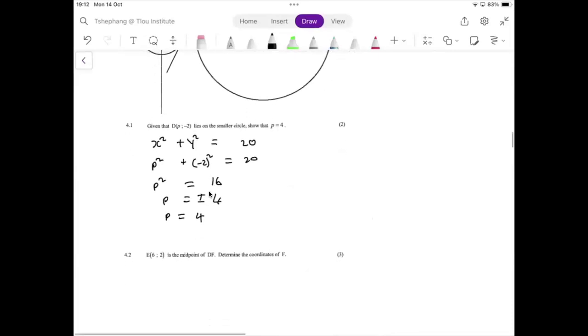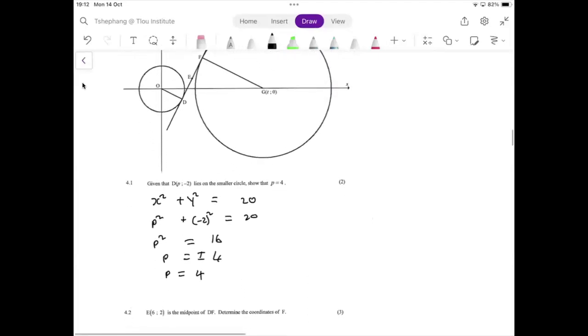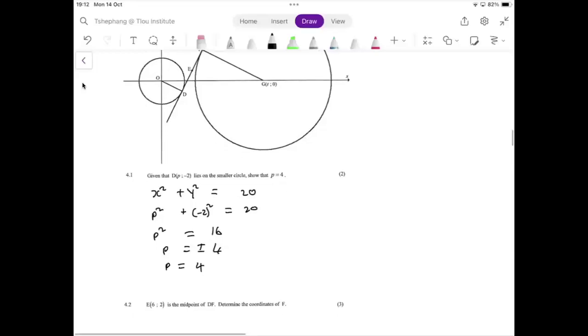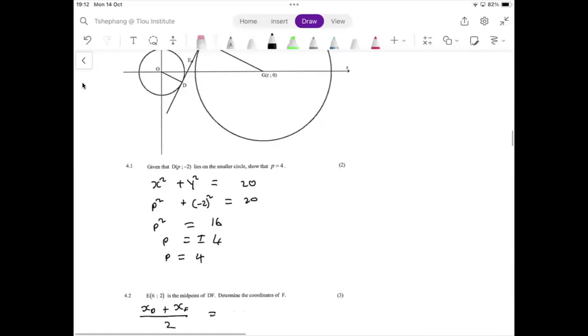So that shouldn't be a problem. I'm just going to separate them. They said E is the midpoint of DF. So I'm going to say x of d plus x of f over 2 must be equal to x of e. On the other side, I'm going to do the same thing. Y of d plus y of f over 2 must be equal to y of e.